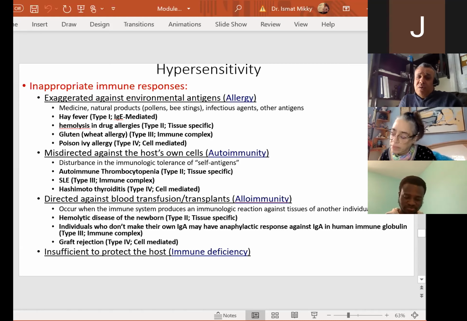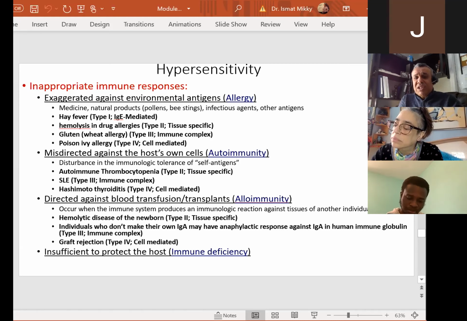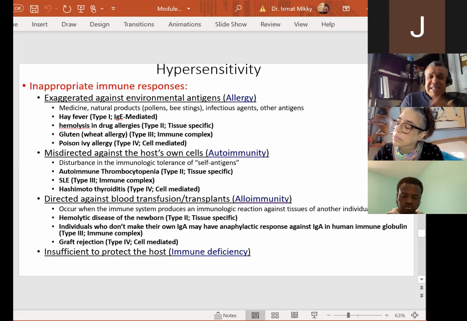The difference is that in alloimmunity, our immune system will target cells from outside, like exogenous. It says directed against blood transfusion and transplants. So let's say a patient who has survived a lung transplant develops graft rejection. That is delayed or cell-mediated, that's type 4.